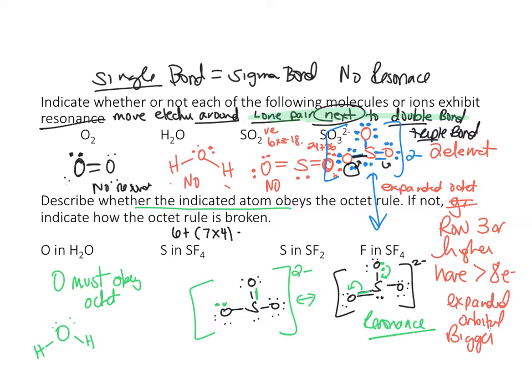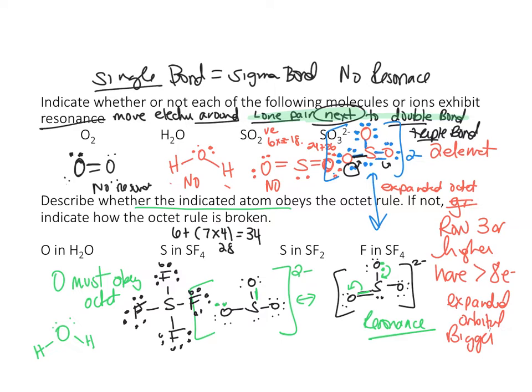There's 4 of those, so that's 28. 28 plus 6 is 34. Fluorine always has to be terminal because it can only have a single bond and it has to have 3 lone pairs. So before we even count any electrons, this is how fluorine has to be, because fluorine cannot not obey the octet rule. So let's see what we have here.